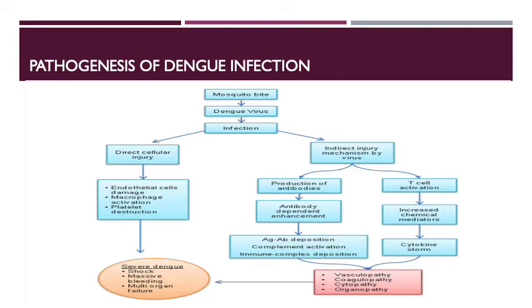In case of the indirect injury, there is production of antibodies and T cell activation, which together cause vasculopathy, coagulopathy, cytopathy, and organopathy. And these factors ultimately lead to severe dengue, again characterized by shock, massive bleeding, and multi-organ failure.